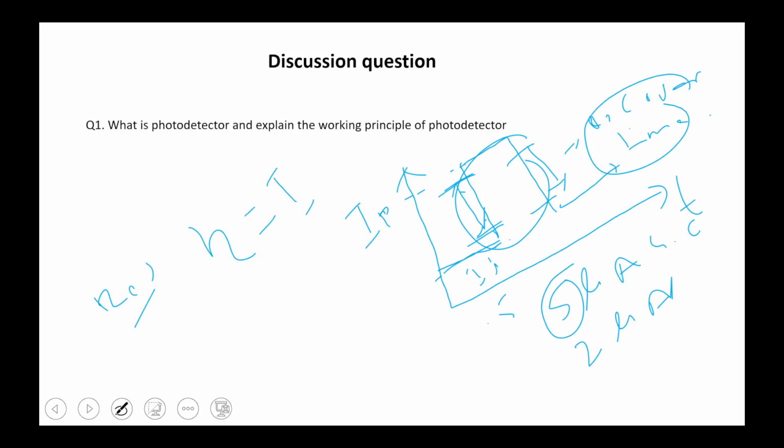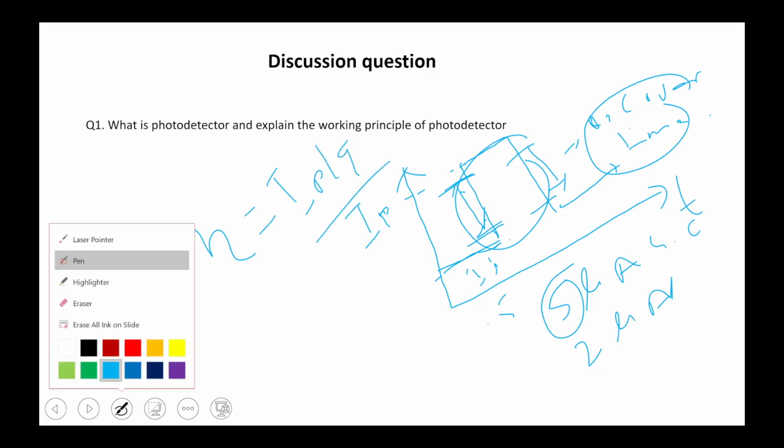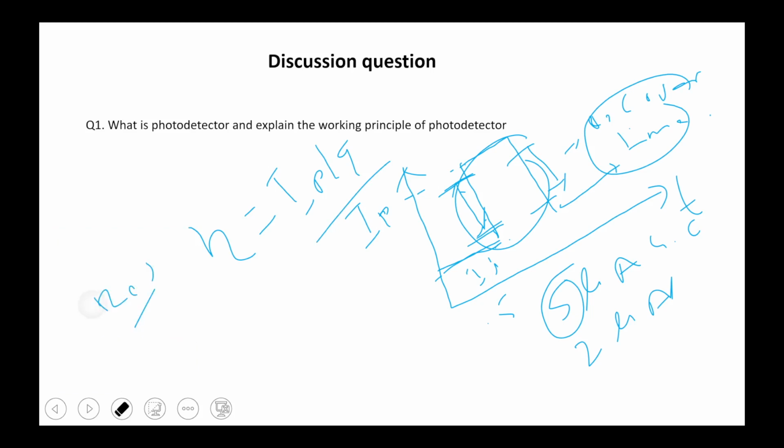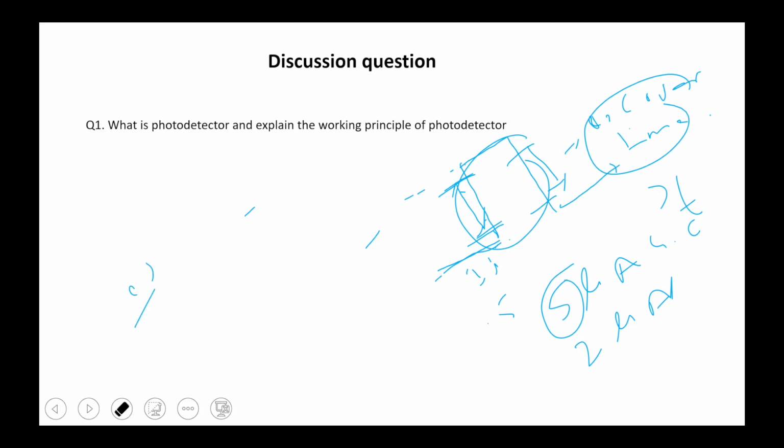So responsivity is Ip upon Pin, and quantum efficiency is Ip by q divided by Pin by hν.